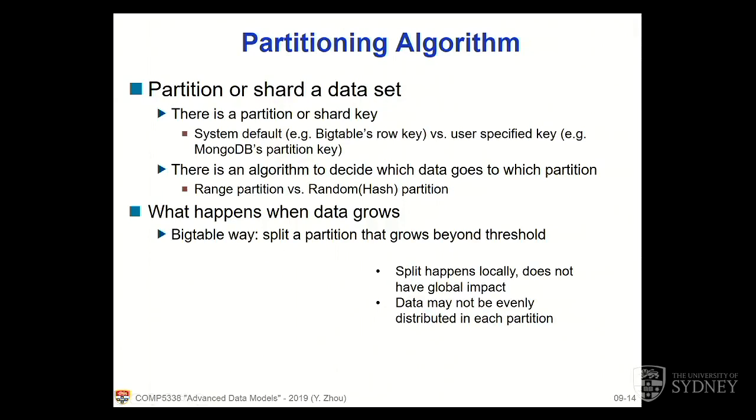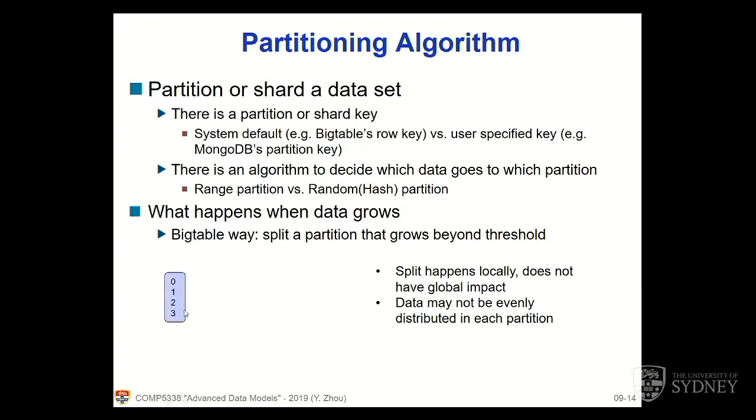Each partition, like the tablet, may grow independently, and whoever manages the tablet knows its size and can decide that if it's too big, we need to split. So it always starts small and then we keep splitting.